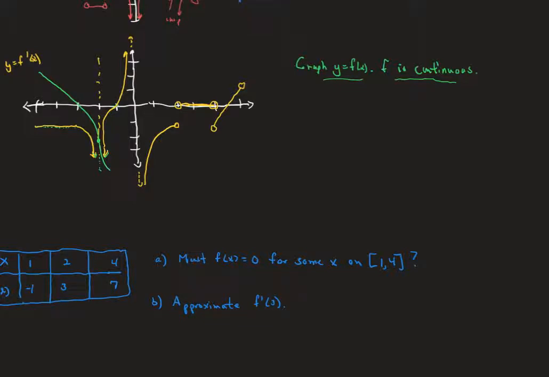By the time we get to this value here, our function needs to have a horizontal tangent just for a moment, because then it's going to start increasing because our derivative is positive. So this is where the derivative goes from negative to positive, a relative minimum. So now it's going to start coming up here.